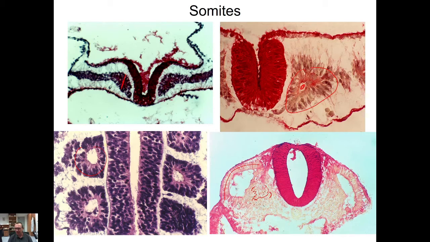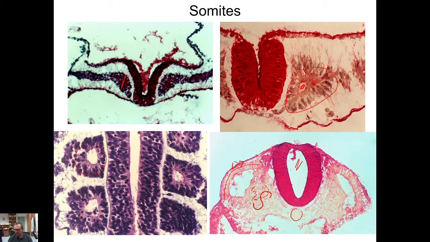So here is sclerotome and here is dermomyotome, which also loses its epithelial arrangement but later, and gives rise to dermatome and myotome. This is the neural tube in the center.